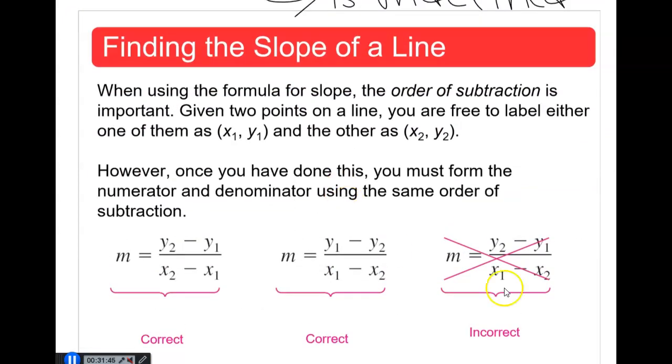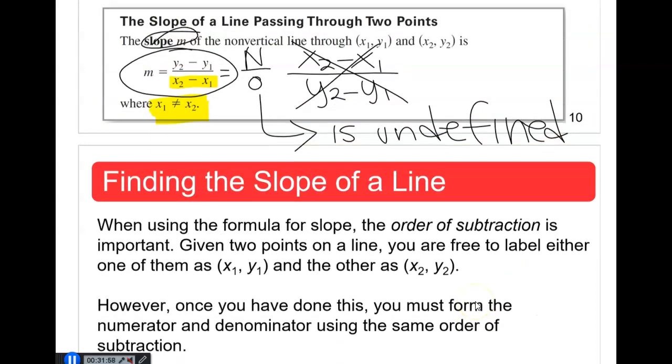So here on the next slide, we have two correct ways to write the formula for the slope and one incorrect way, aside from the one that I show you here as well. So let's label this one as incorrect.